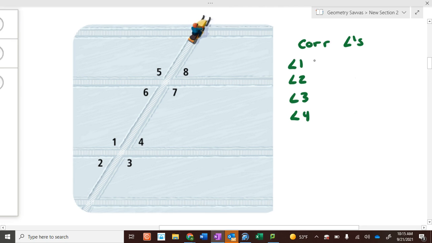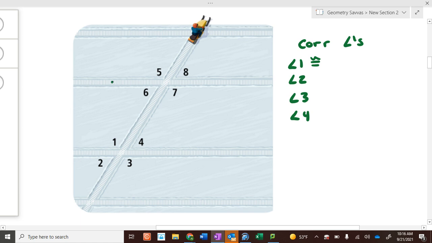What angle is corresponding to angle number 1, Aiden? Same corresponding position with the transversal. Not 3. 1 and 3 are vertical angles.